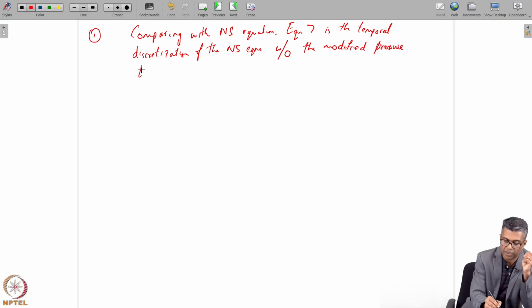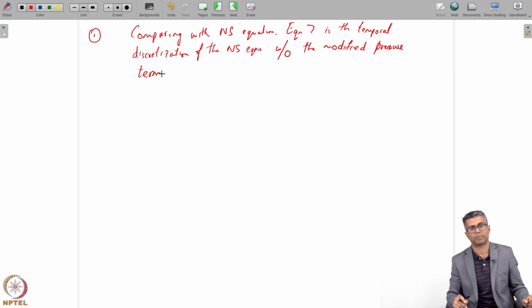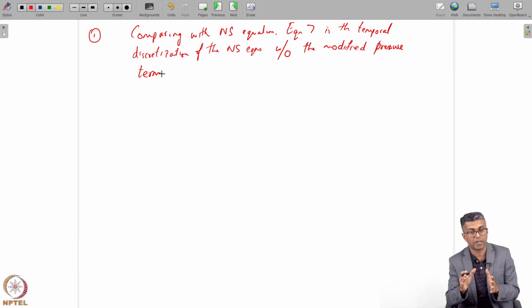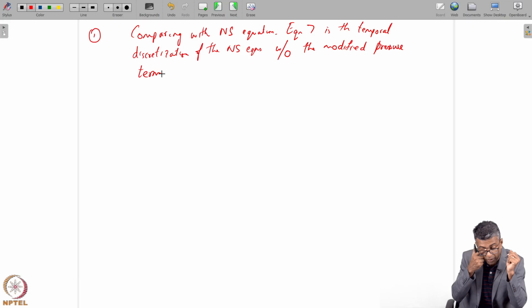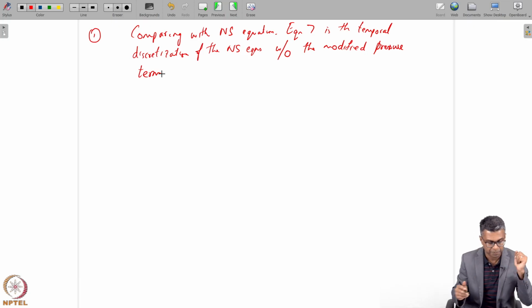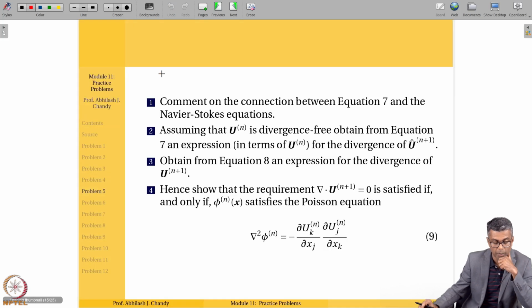So that is the term that is absent. That means you calculate the intermediate velocity without taking into account the pressure. It's only the intermediate velocity, but you are calculating the intermediate velocity without using the pressure. Okay, so that is the answer to part 1. Let's look at part 2.